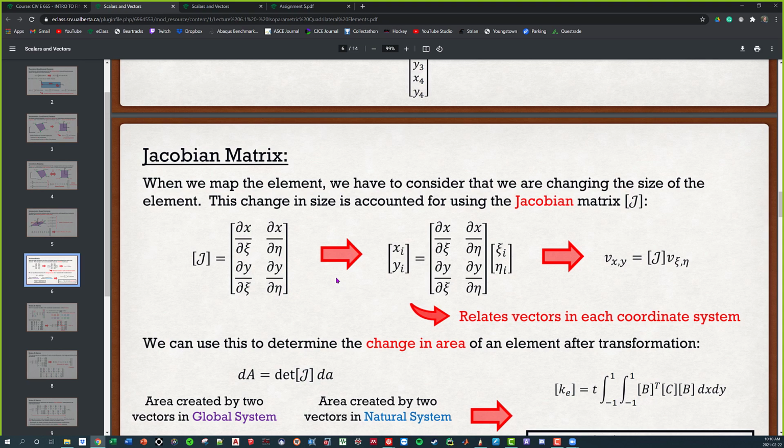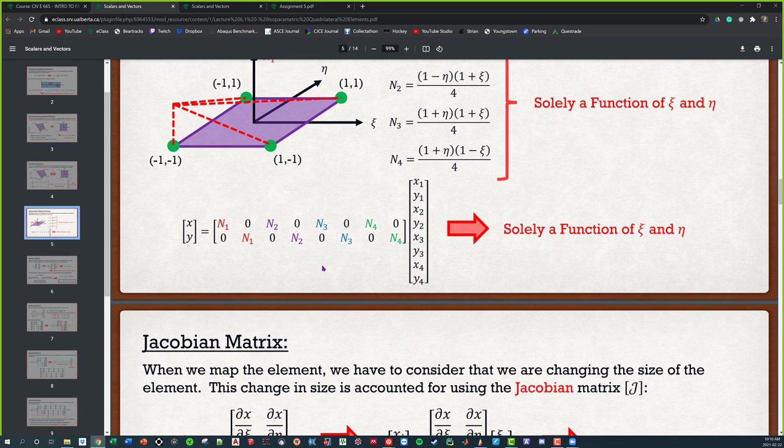Now, if I want to solve this, I need to figure out what my functions x and y are. If I want to take the partial derivative of a function, I need to know what exactly that function is. If I scroll up here, we know that x and y are equal to the following functions. We have our global coordinates, which we already defined, so that's good to go.